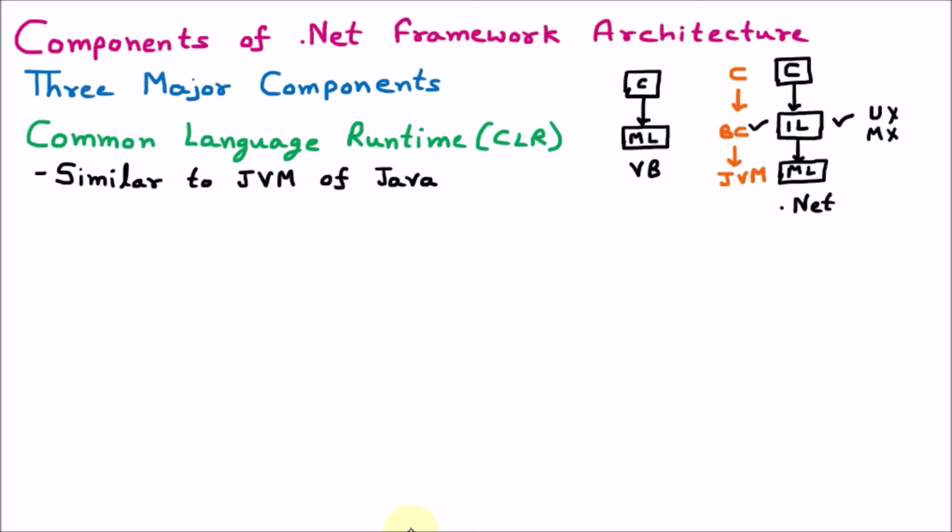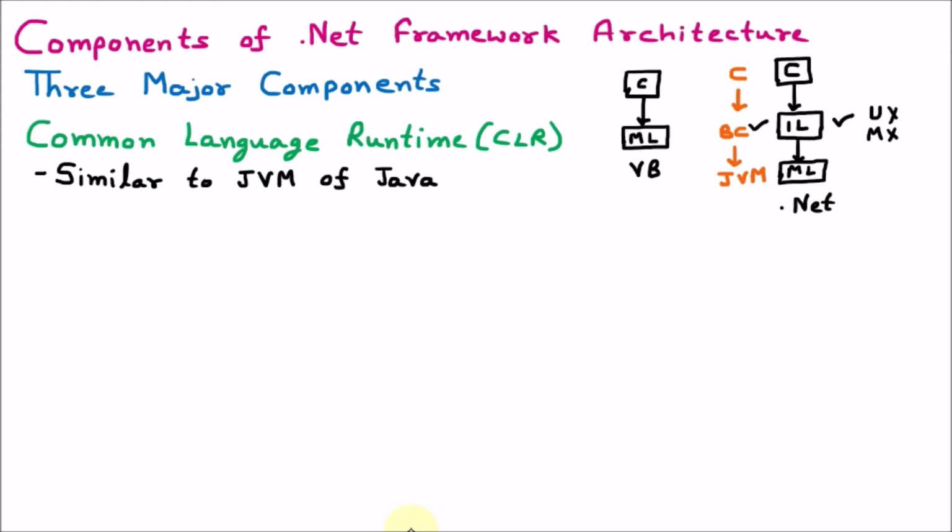Similarly, if you talk about .NET, you designed a game in .NET and you don't want to give the code, so you convert it to intermediate language. This intermediate language you can share with anybody. To run that intermediate language, the machine should have the CLR. That's why we mention that CLR is similar to the JVM of Java.